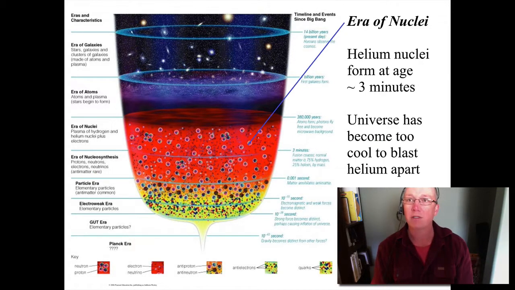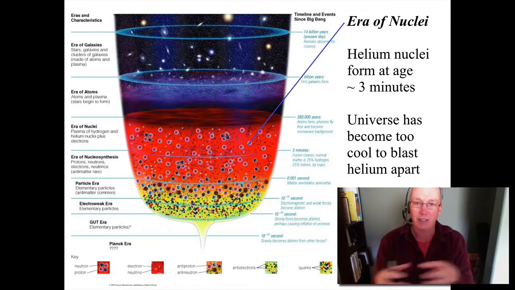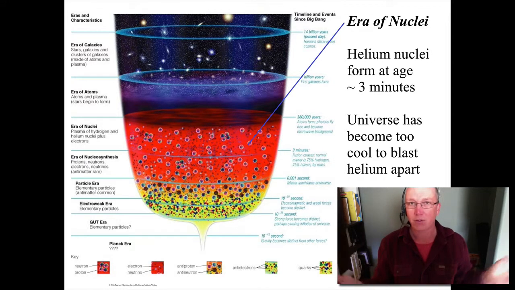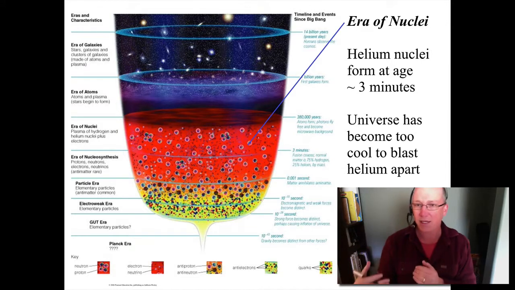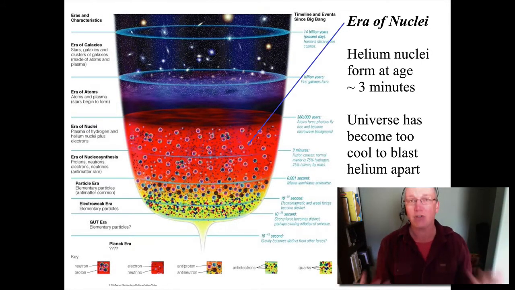Now we keep going forward to the era of nuclei. This is where we start to have the atoms forming into hydrogen and helium in abundance. These atoms are now permeating the universe, but the universe at this point, at 3 minutes after the Big Bang, for the next 380,000 years, can't do much but just bounce around off each other.